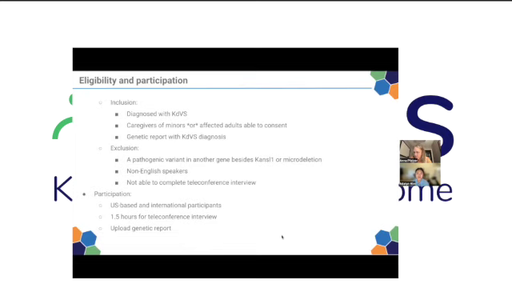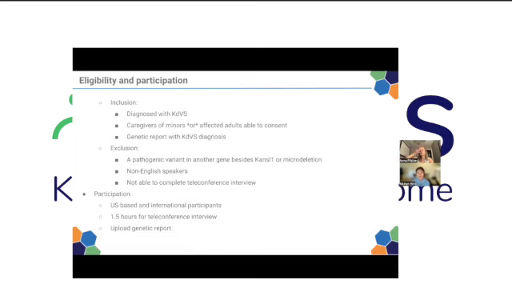Yeah, if the individual has a pathogenic variant or some change in a gene other than the KANSL1 one, which is the primary cause of Koolen-de Vries, or the small deletion, small changes in other regions of the gene, they will not be included in this research.